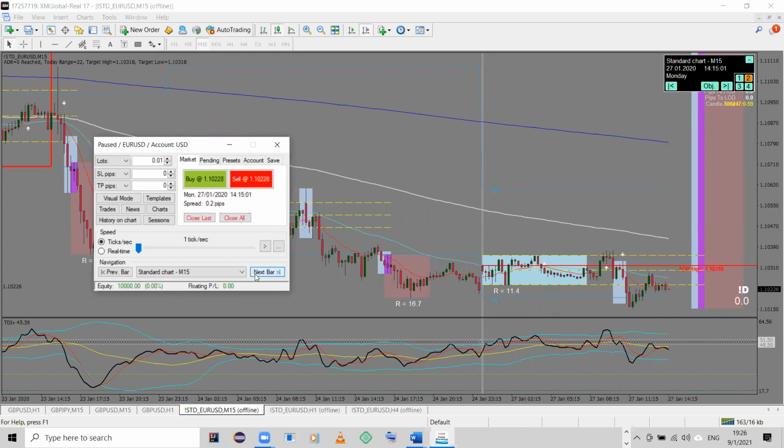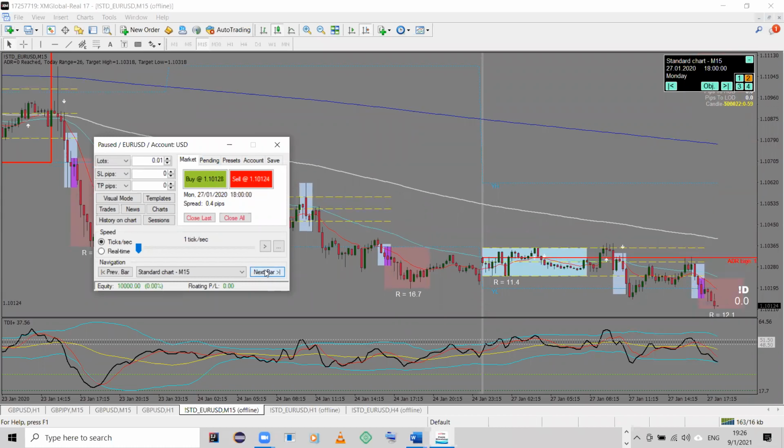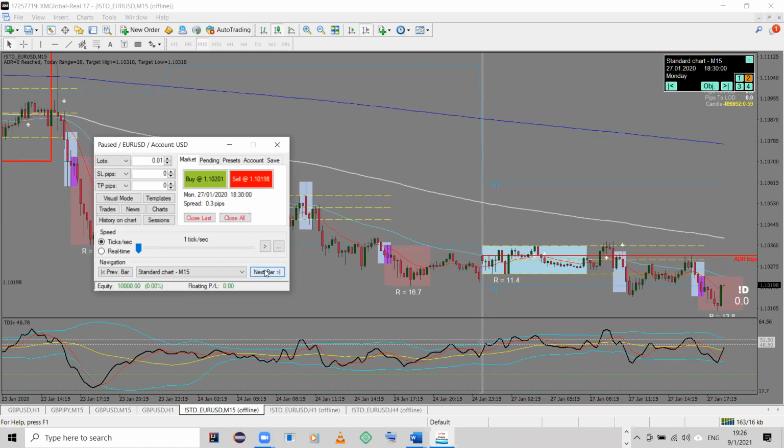As you can see, keep on moving. Just wait, exactly. Something like this, this is what I'm looking for. So what am I going to do? As this is approaching the New York open, I'll wait for the New York to open. Dropped. So I'm now waiting for the close above.